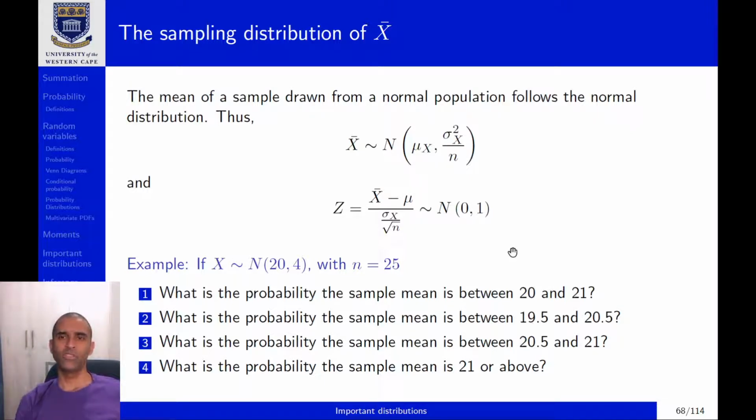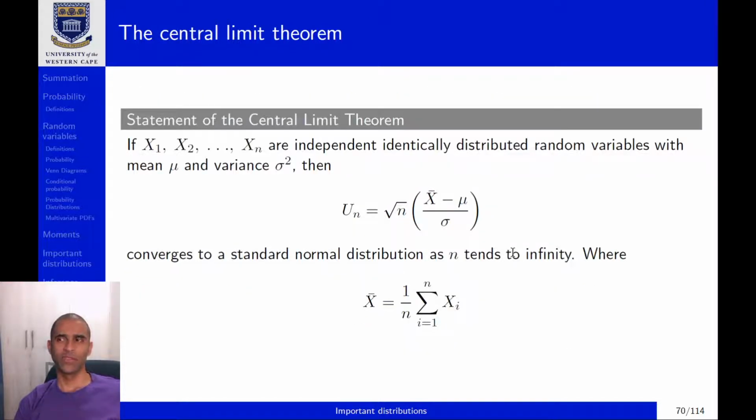Now notice that the definition says that the mean of a sample drawn from a normal distribution follows the normal distribution. However, we have this very important theorem called the central limit theorem, which extends this and says that if random variables xi are independent and identically distributed with mean mu and variance sigma squared, then the statistic Un converges to a standard normal distribution as n tends to infinity.